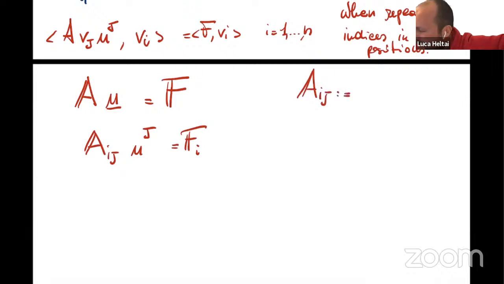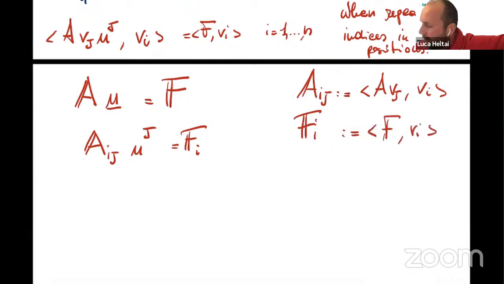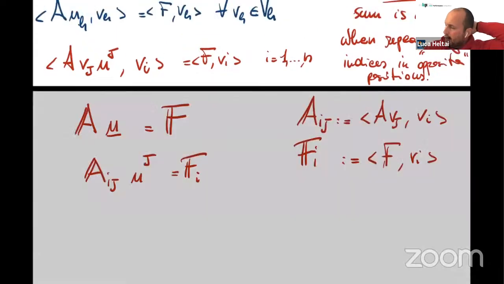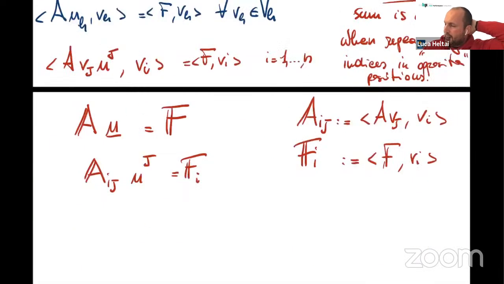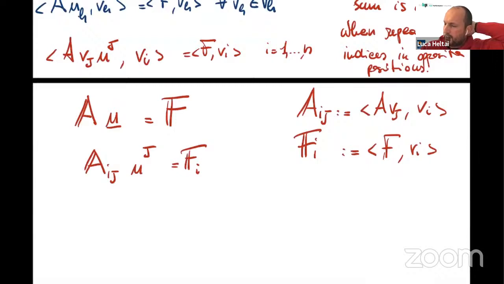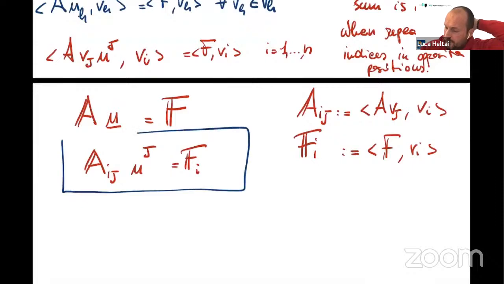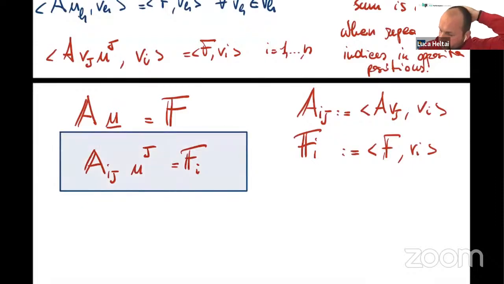So capital Aij is simply the operator A applied to Vj tested against Vi, while Fi is simply F tested against Vi. And now, if you look at this equation that you have here, it is a linear system of equations.